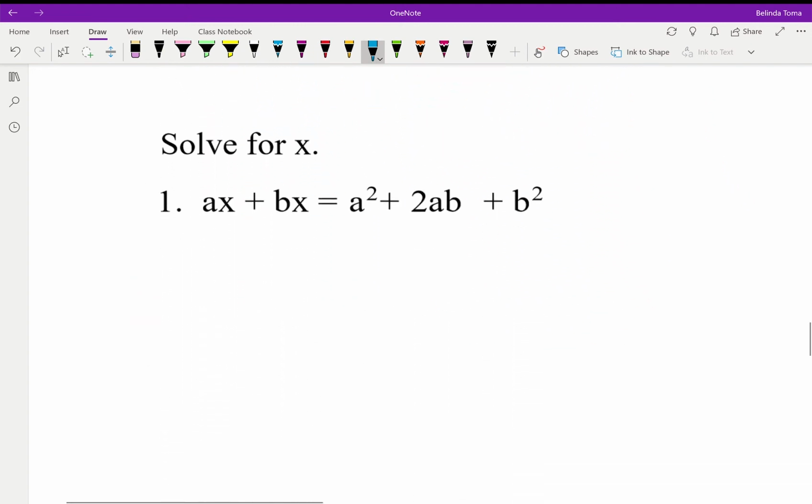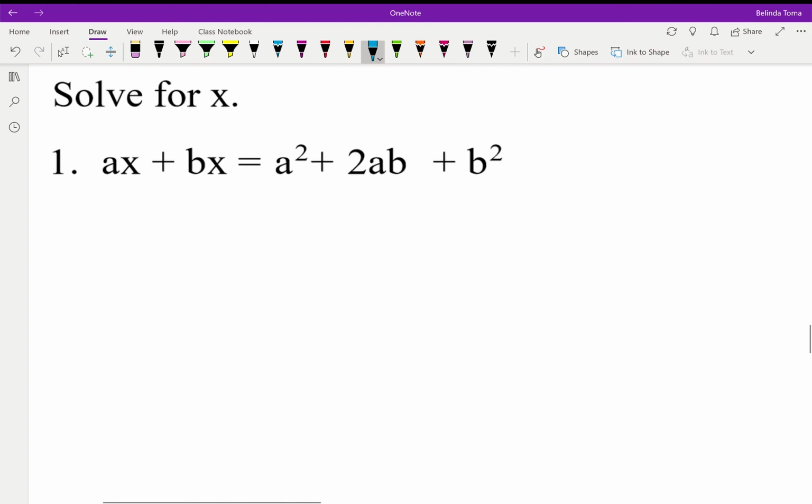So in our next example, moving into solving for x, if we look at what we have, we have three variables, a, b, and x. But what we're solving for is x. So to get the x by itself, we're going to want to factor it out so that we can isolate.